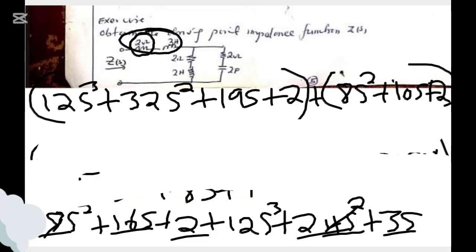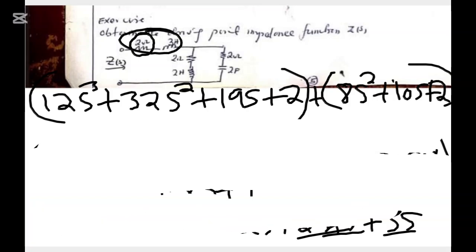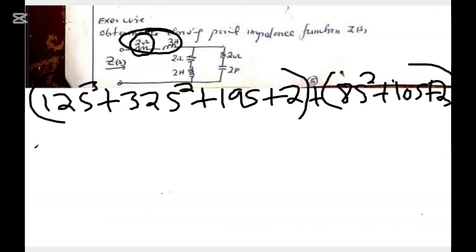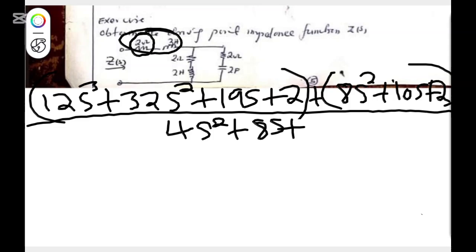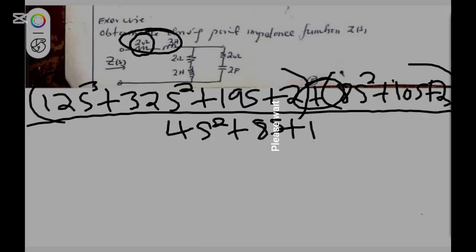So don't forget, I have my denominator, which is 4s squared plus 8s plus 1. So divide it by 4s squared plus 8s plus 1. So you have to take note that this is a positive sign, so I can add them.